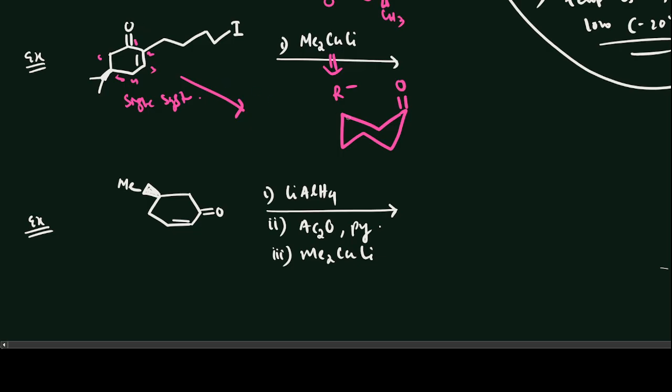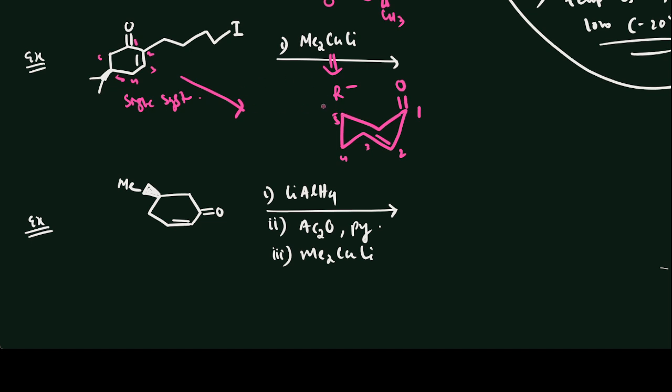So at 1, and this is 1, this is 2, this is 3, and this is 4. So this is the 5. We have the double bond at 2 and 3, and at 4 we don't have it, and at 5 we have that group.